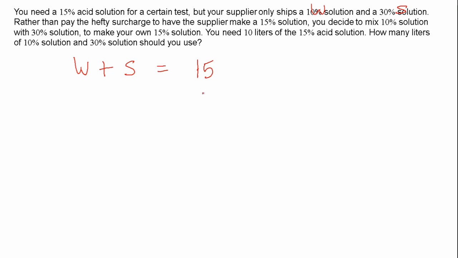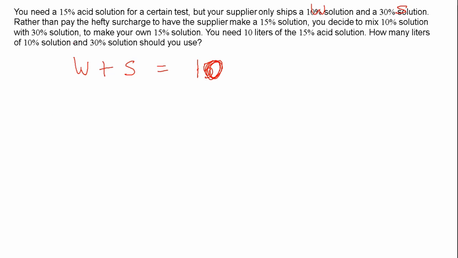Okay? I did that wrong. The weak solution plus the strong solution is going to combine to 10 liters of the 15% solution. So weak plus strong, however many liters you need of each, equals 10 liters in total.